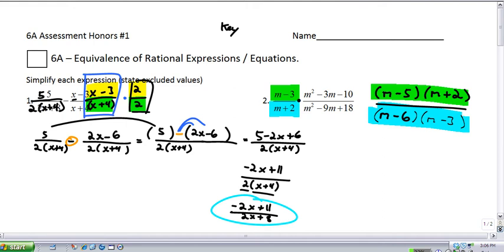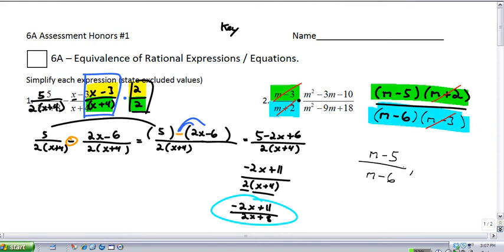You say, yes, I can take the original and rewrite it. Instead of the green over the blue, I can take this guy and cancel them, and this guy and this guy, which leaves me with m minus 5 over m minus 6.